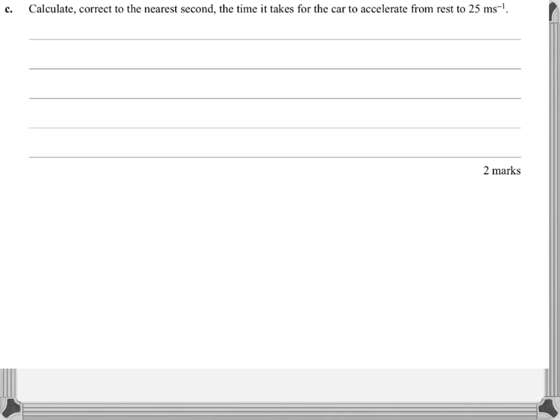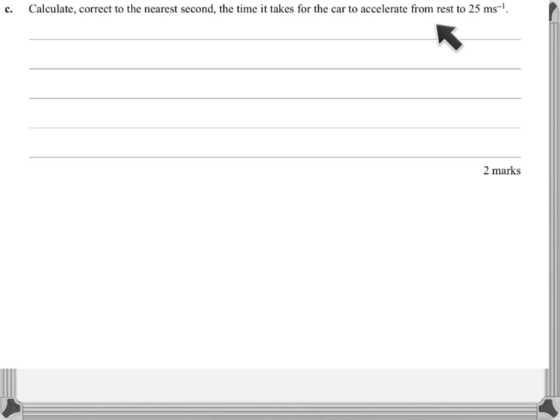Part C: calculate, correct to the nearest second, the time it takes for the car to accelerate from rest to 25 meters per second. You're thinking we have to use the acceleration function from the previous part. That's not quite true, because 25 meters per second is a speed.